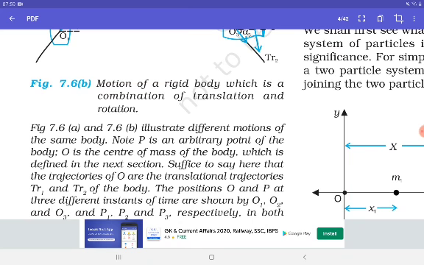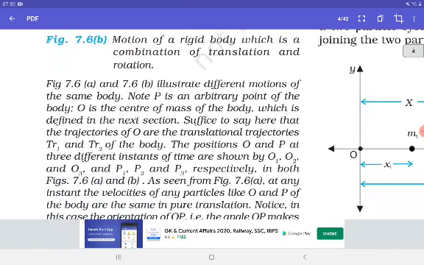O is the center of mass of the body, which is defined in the next section. Suffice to say here that the trajectories of O are the translational trajectories TR1 and TR2 of the body, and the positions O and P at three different instants of time are shown by O1, O2 and O3, and P1, P2 and P3 respectively.